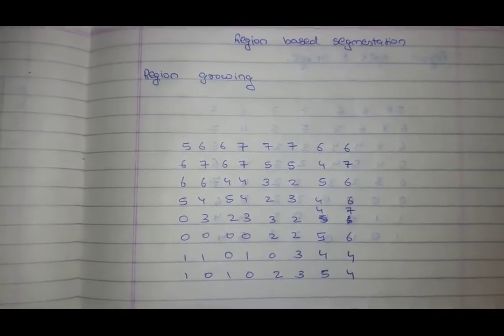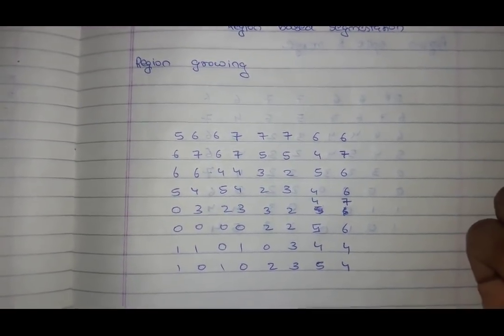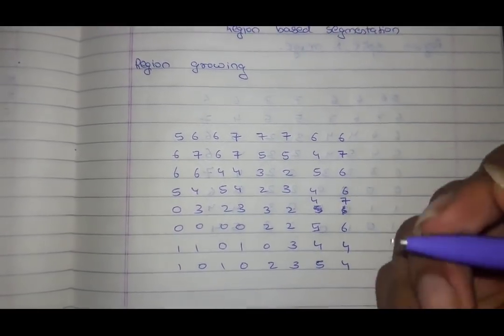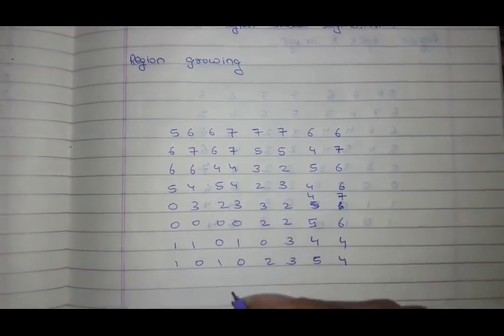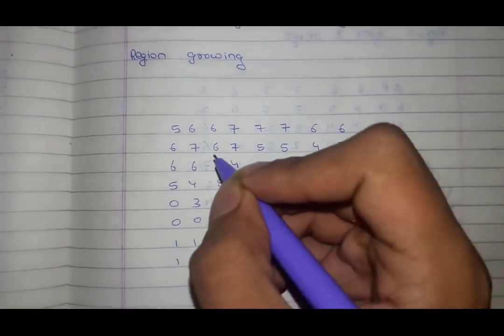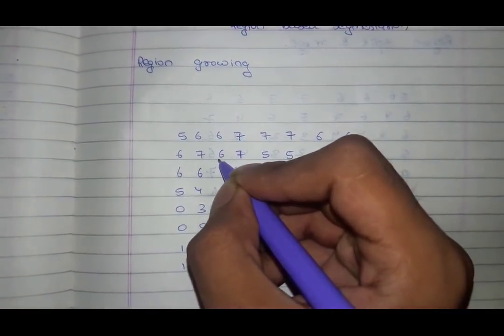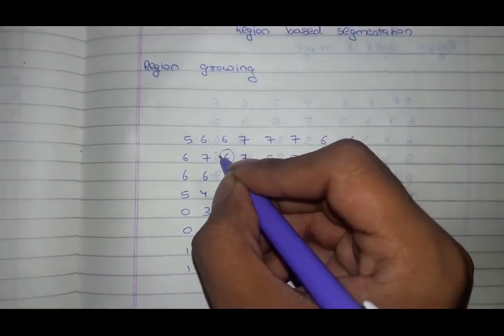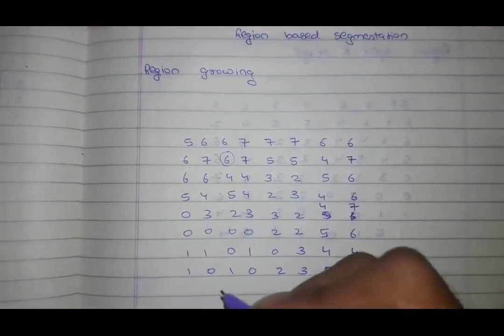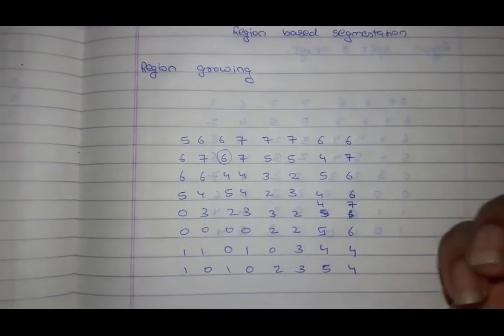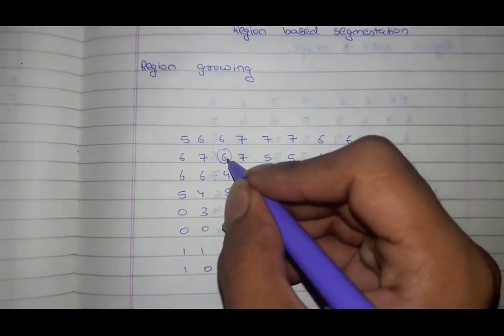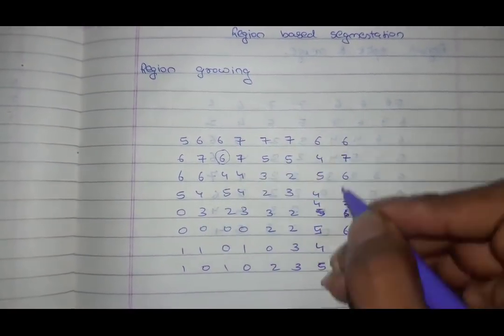So what we need to do in this is first assign some seed points. These seed points will be assigned by the users. I take 6 as a seed point. You can assign any point, but it is better to assign a value that is near to the maximum value of the image.